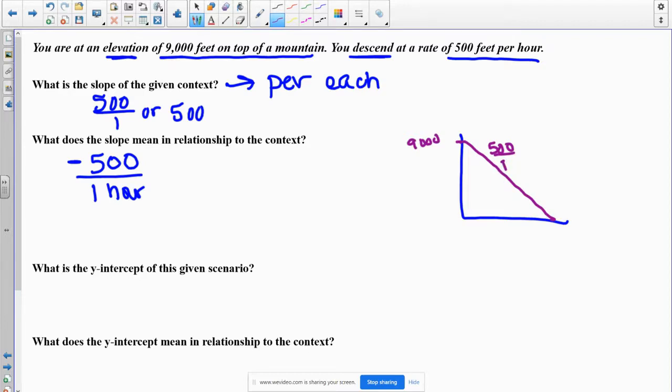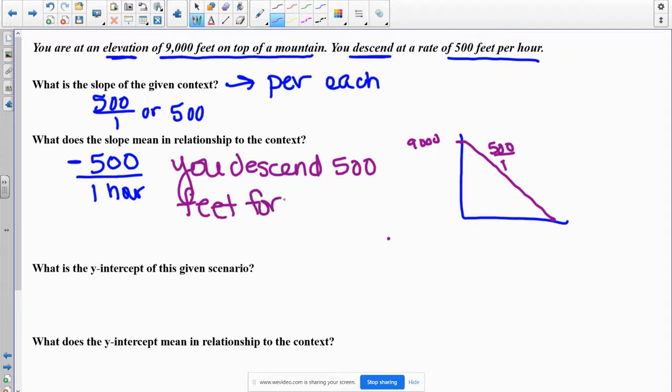Per hour, it's going to go down. So our slope has to be negative. So what does that mean? You descend 500 feet for every hour. We'll just put 1 hour there, just to make sure.